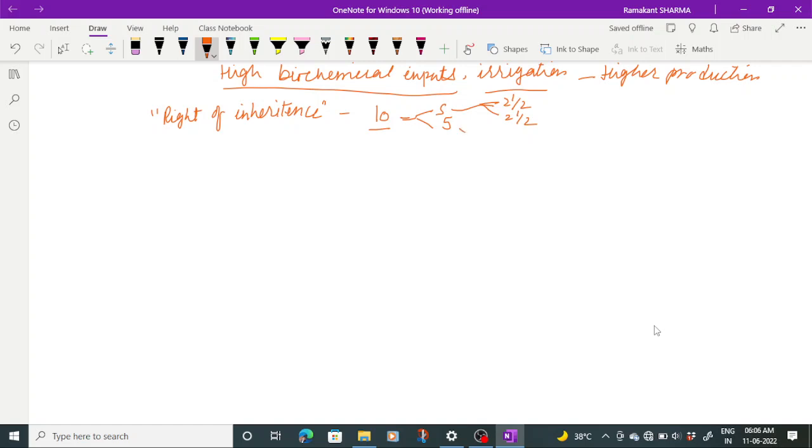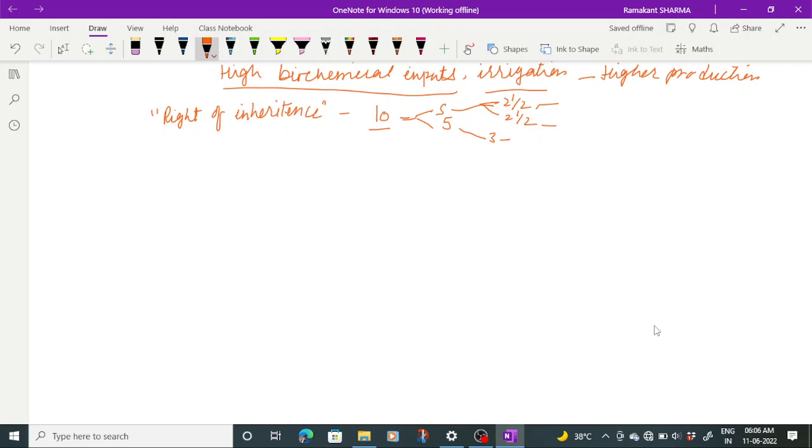In the similar manner, suppose this one has 3 sons, then a similar division will be there. These people will also have their own generation. So what happens? In the later part, the land is small.